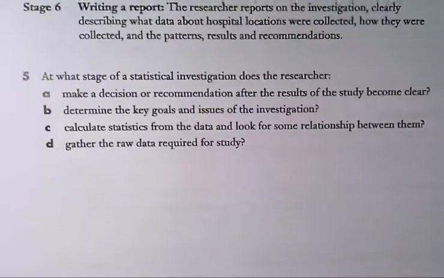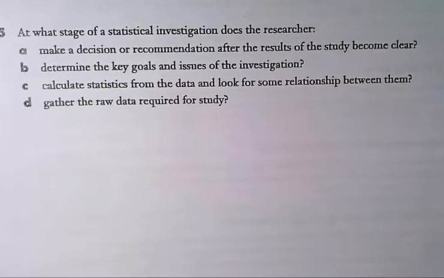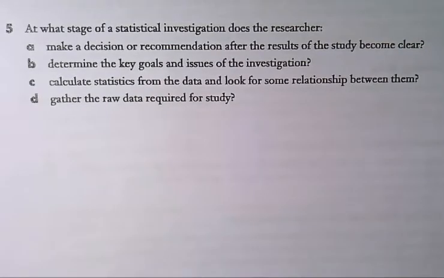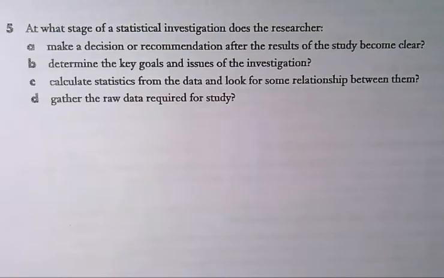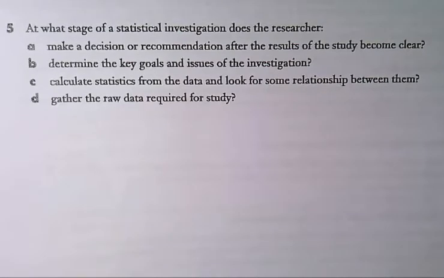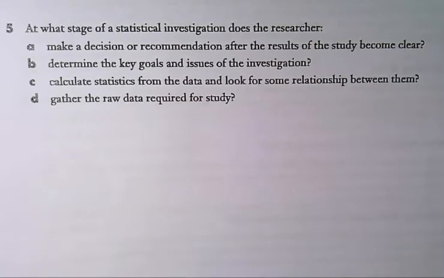Okay? Now, question 5 from this exercise, it says, at what stage of a statistical investigation does the researcher make a decision or recommendation after the results of the study become clear?